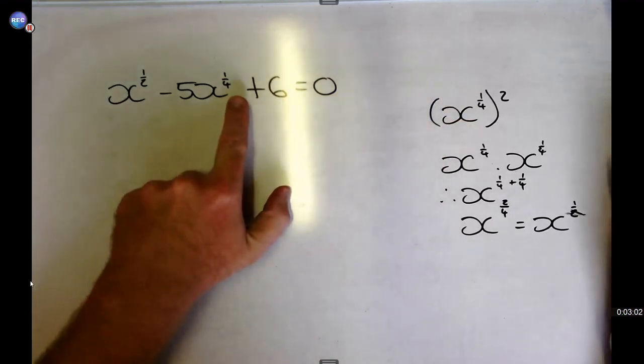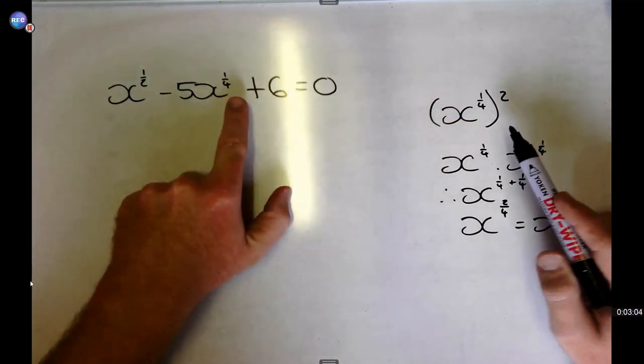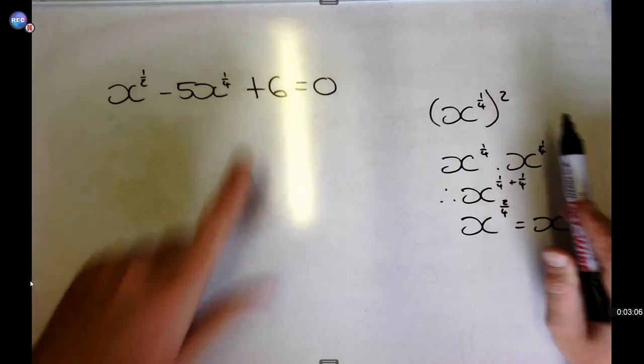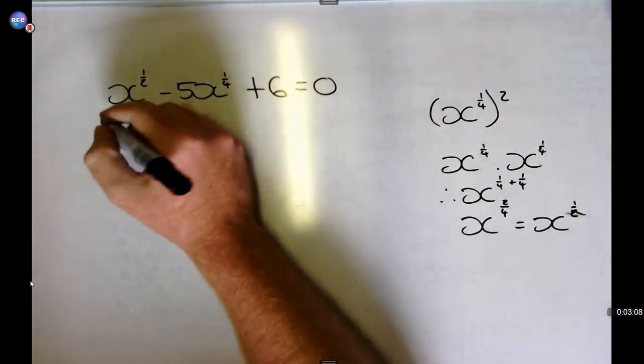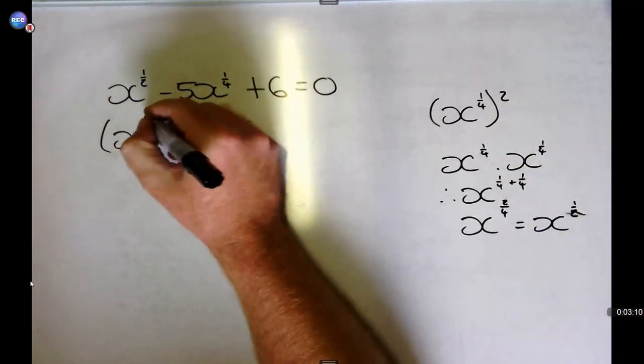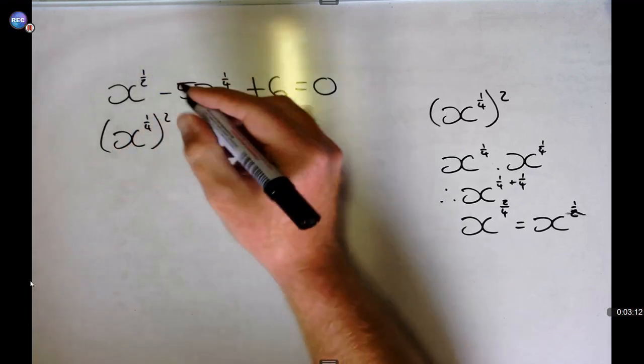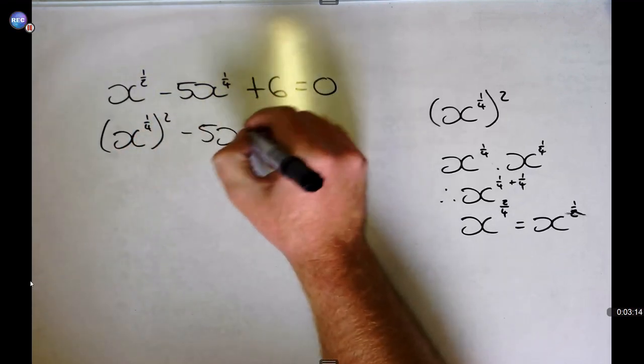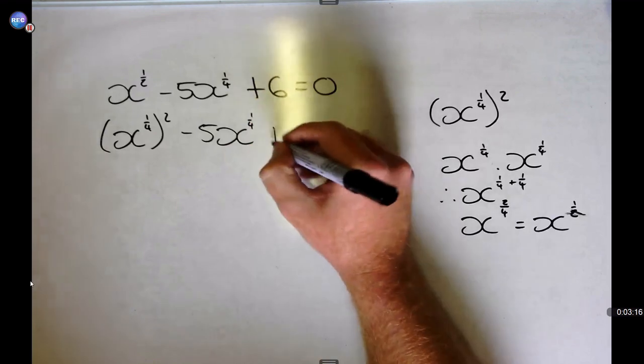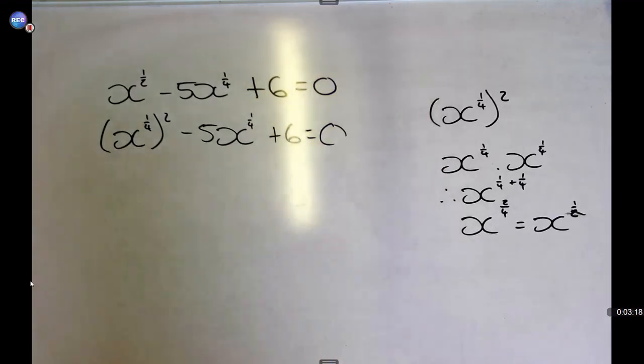So over here, the exponent is the indication of what you want in your two brackets for the x. Okay. So, moving on, we will say then x to the power of a quarter squared minus 5x to the power of a quarter plus 6 equals 0. Now you need to go and break it up into your brackets. So, what we have then is the following.